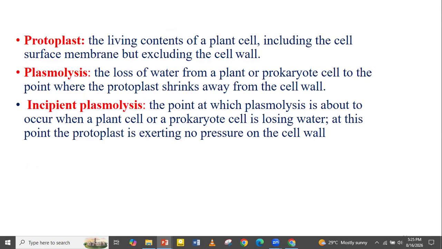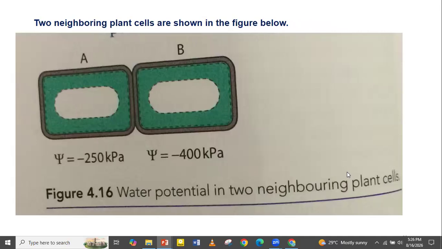Incipient plasmolysis means the point at which plasmolysis is about to occur, where the cell surface membrane is starting to pull away from the cell wall, and the turgor pressure has really decreased, in that the cell membrane is no longer touching the cell wall.